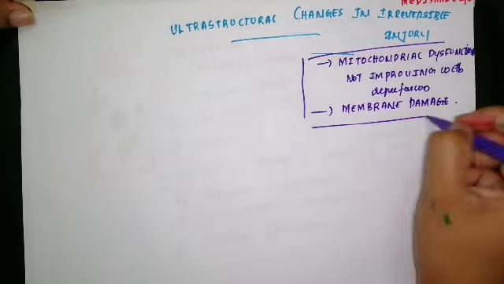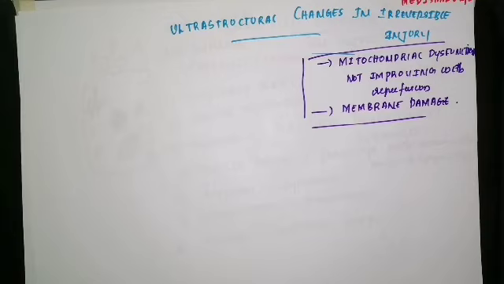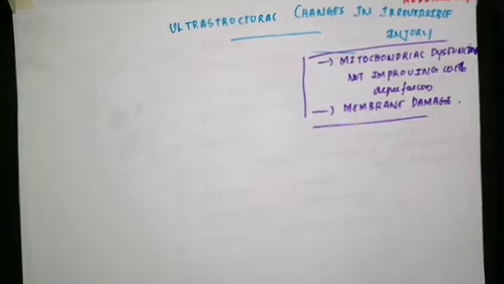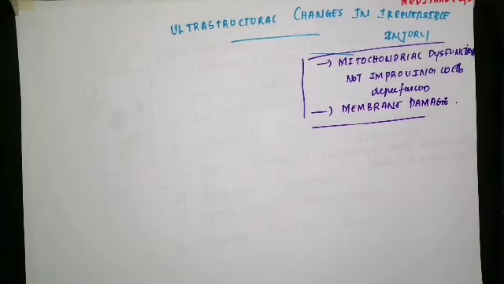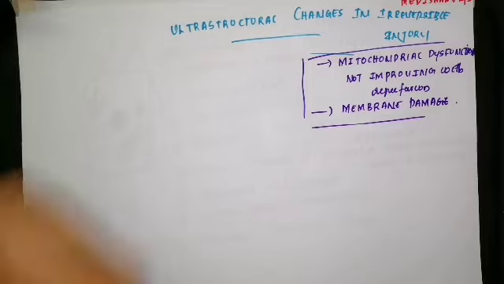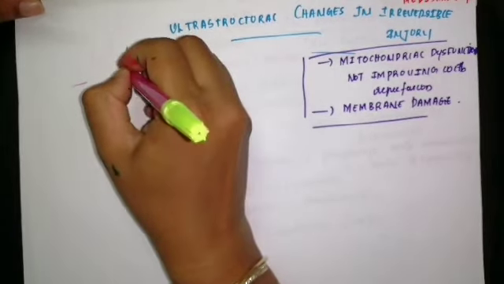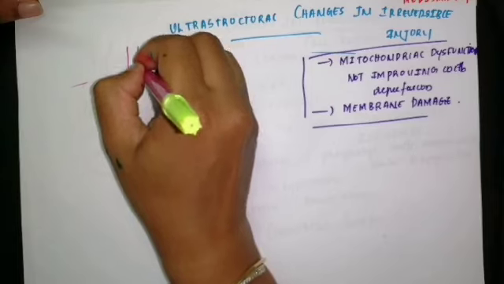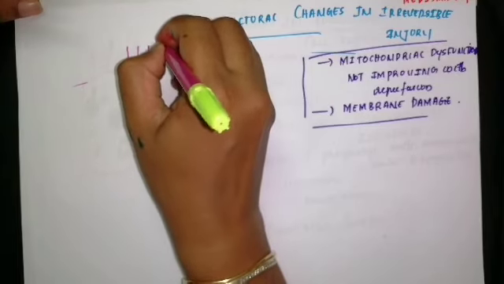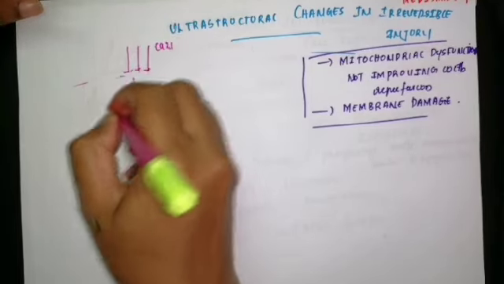So these are the characteristic features. Now what happens in irreversible cell injury? We have seen that the cell membrane is already being damaged, so phospholipid synthesis does not occur due to decreased ATP synthesis. Because of the damage there is an increased permeability to calcium, and calcium influx to the cell occurs.